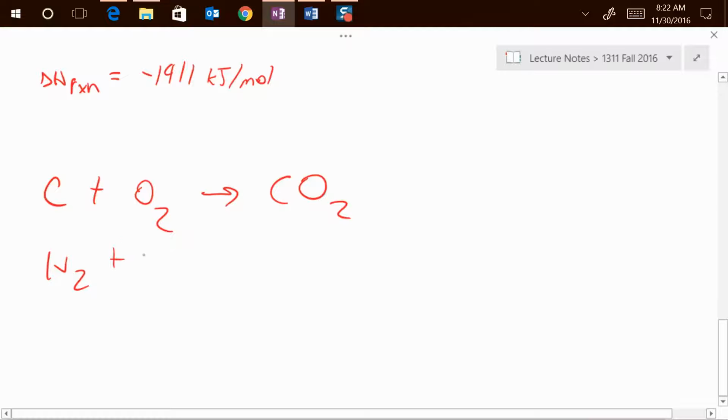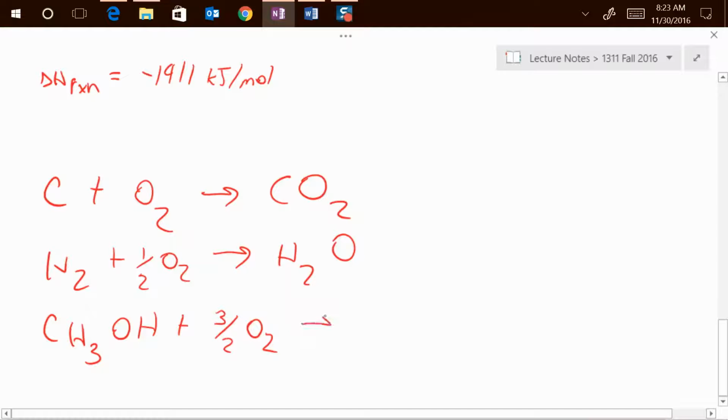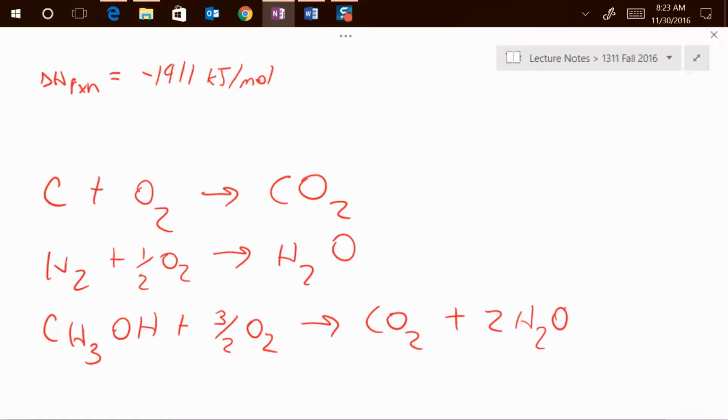H2 plus 1/2 O2 to produce H2O, and then CH3OH plus 3/2 O2 to produce carbon dioxide plus 2H2O. Okay, so this is the other way, where they give you the delta H of reactions for each of these.